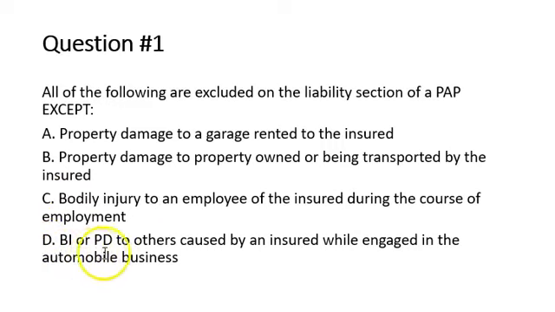Okay, let's look at D. Bodily injury or property damage to others caused by the insured. Here's the tricky one. Most of you probably answered this to be correct because we have a tendency to skim through reading.